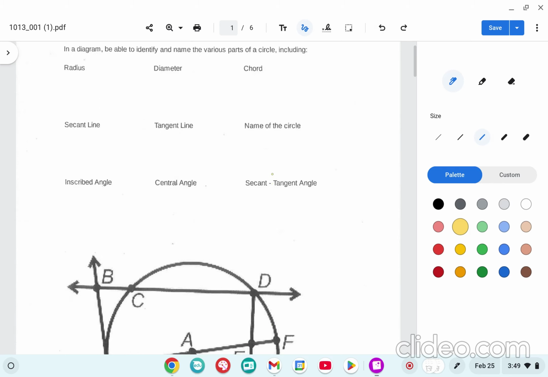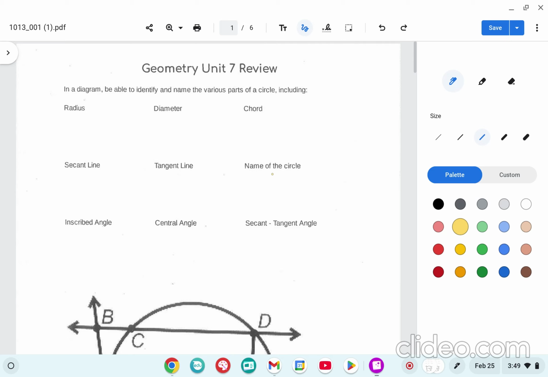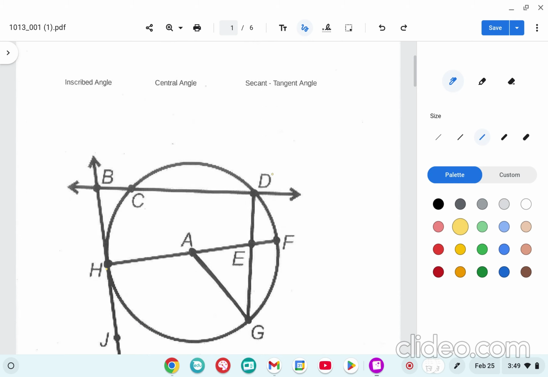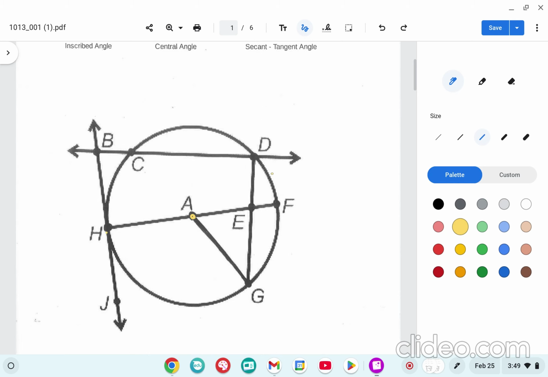You could do AG, AF, or AH. I'll show an example here. There's A, and you could connect it to any of those points I mentioned, H, G, or F. Let's go ahead and just look at AG. So AG would be an example of the radius of the circle.